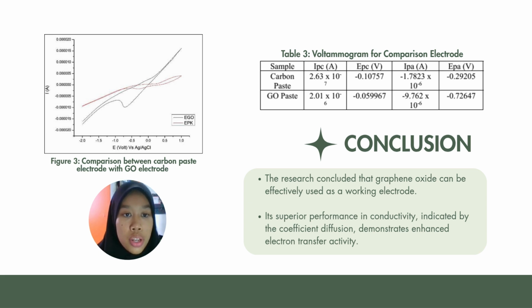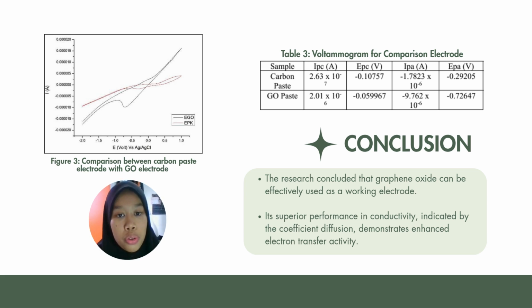We can see the red voltammogram is for the GO, and the black colored one is the voltammogram for the carbon paste. And table 3 here shows the voltammogram for comparison of electrodes. The top one is for carbon paste and the lower one is for GO paste.